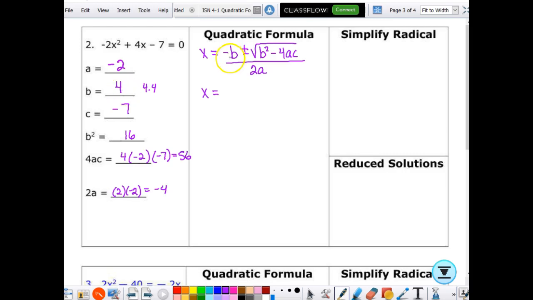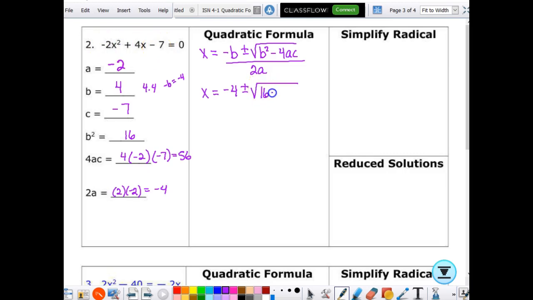Okay, so if b is 4, negative b would be negative 4. You change the sign. Plus or minus, I don't know who figured this out, that this formula is what works to help you figure out where this thing crosses the x-axis. It's pretty cool.